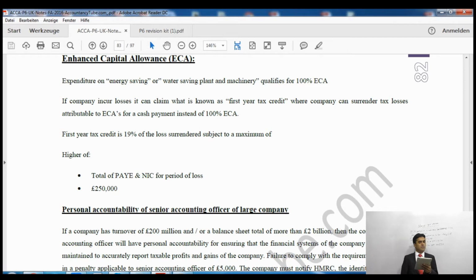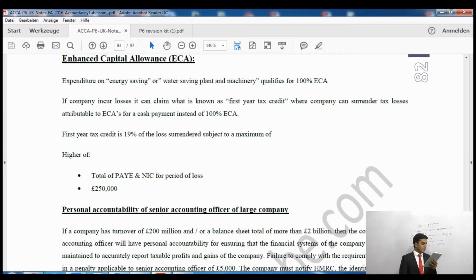So they will be eligible for a cash payment instead of the enhanced capital allowances. However, the cash payment won't be 100% of ECA, it won't be 100% of the amount which you have spent on the plant and machinery.